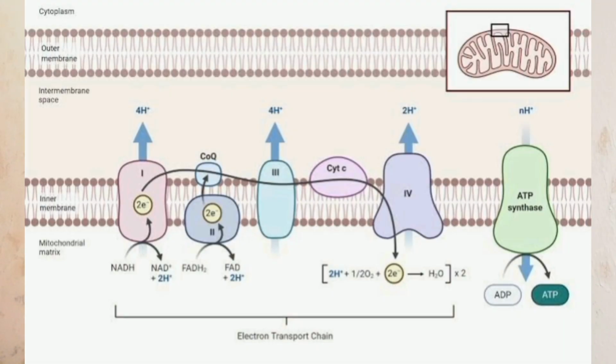UCP1 is known as uncoupling protein 1, which binds with the inner mitochondrial membrane and leads to thermogenesis. When glucose and pyruvate are broken down in the Krebs cycle, the NADH goes through the electron transport chain but does not produce ATP, because the proton gradient is used by UCP1 to produce heat rather than ATP.